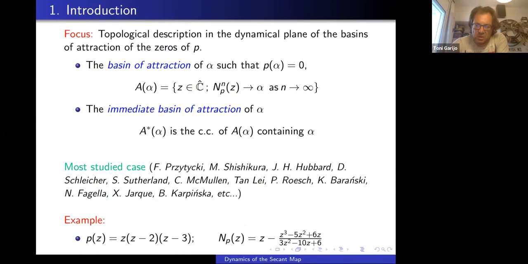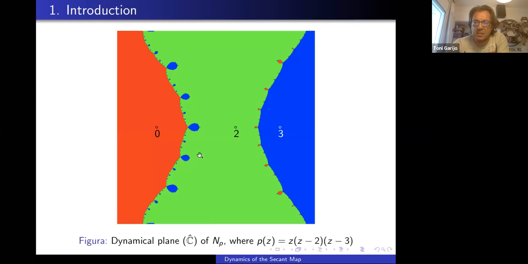For this reason, I fix this polynomial, and here is the dynamical plane. Here we have 0, 2, and 3, which are the roots. They are fixed points for the Newton map, and we color in red points tending to the origin, in green tending to 2, and in blue tending to 3.